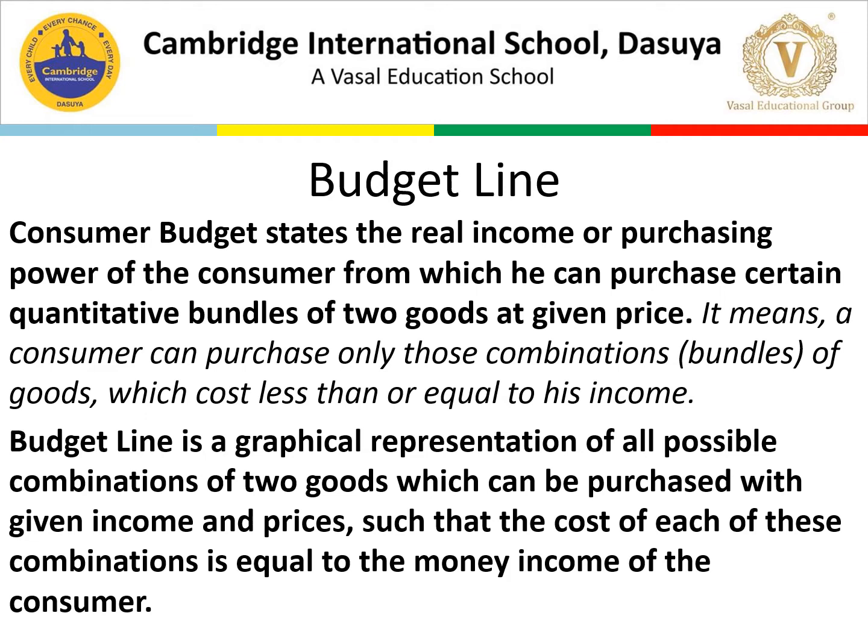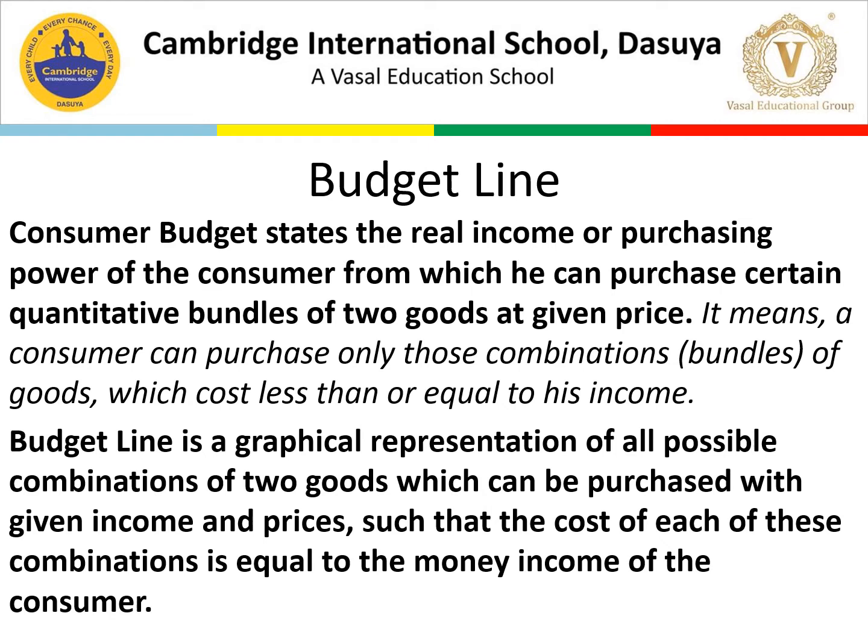It is a representation of all possible combinations of two goods which can be purchased with the given income and prices, such that the cost of each of these combinations is equal to the money income of the consumer.